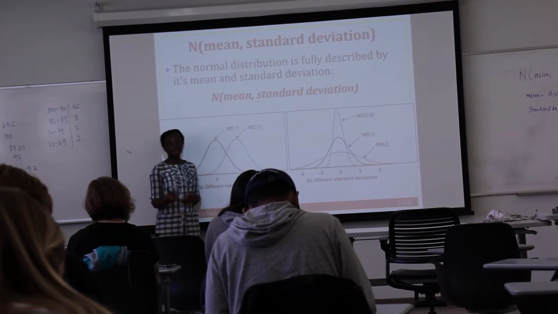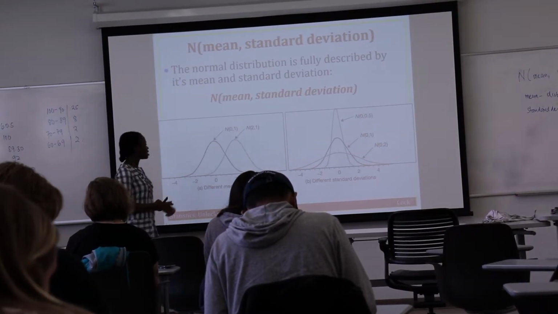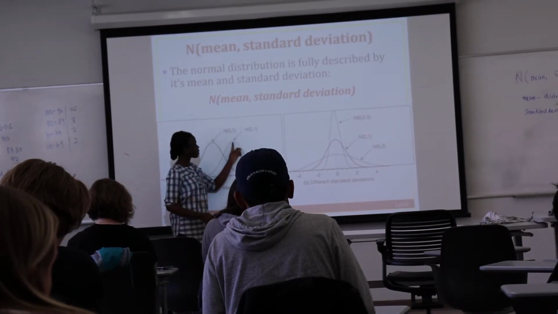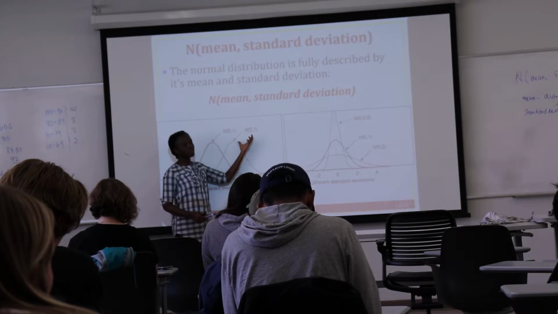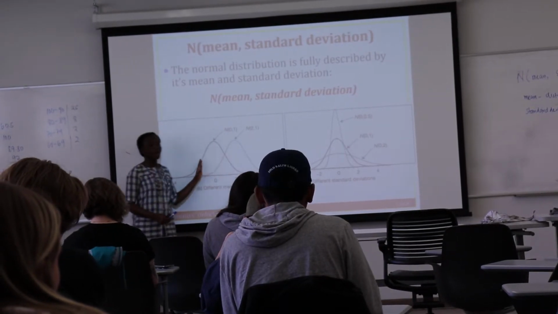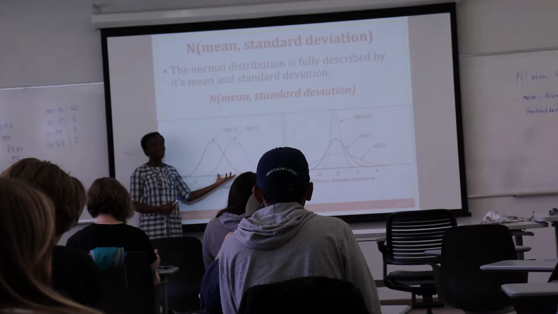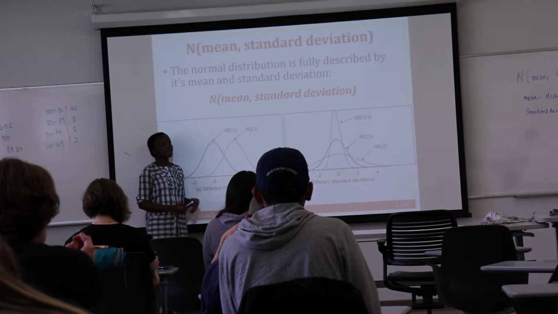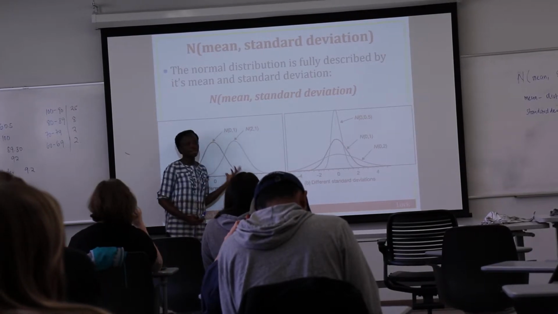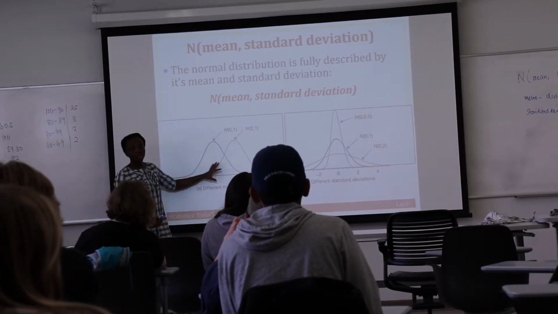So the 1 here corresponds to its standard deviation. The second diagram is centered at 2, and its spread is also 1. So the two normal distributions have a similar spread or similar shape. This is because they have the same standard deviations. That is why they have the same shape.